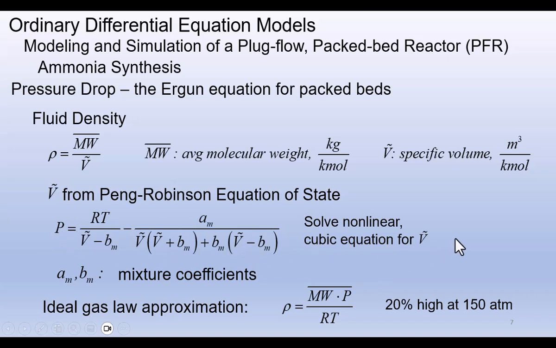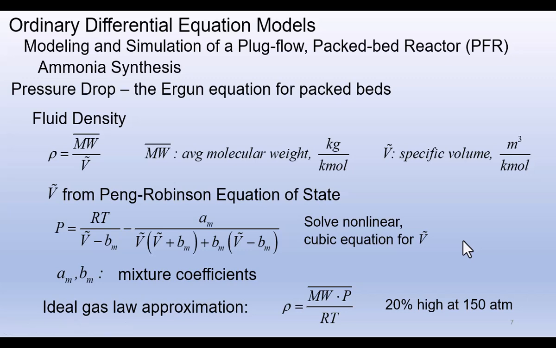And the question that we have to answer is that you may have dealt with Peng-Robinson before in terms of a single component, but we have to deal with the parameters for the equation as mixture coefficients depending on the composition of the gas. And then we might make note that we could always try to compute the density based on the ideal gas law, but that turns out to involve an error of at least 20% at our operating pressure, and that's why it's indicated to go with a more complete equation of state.